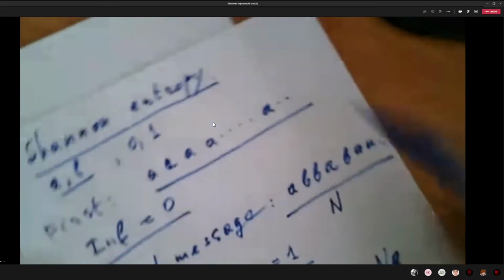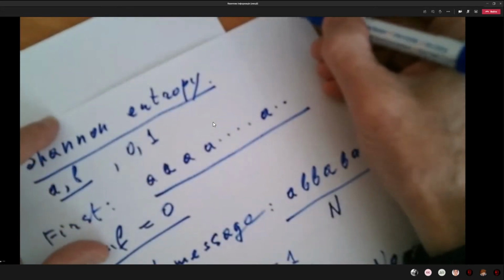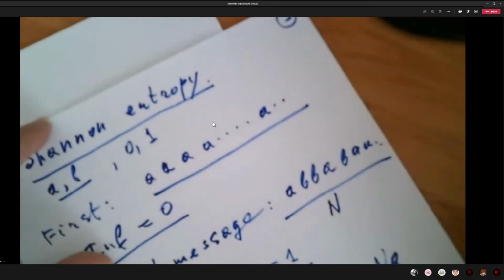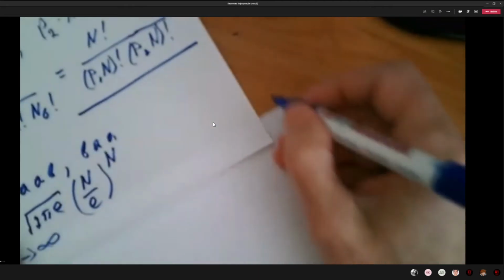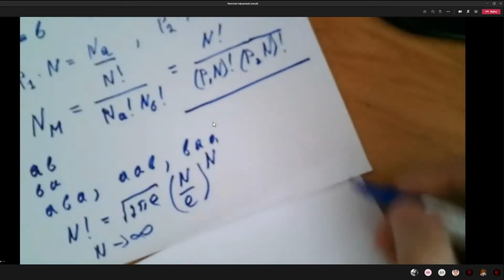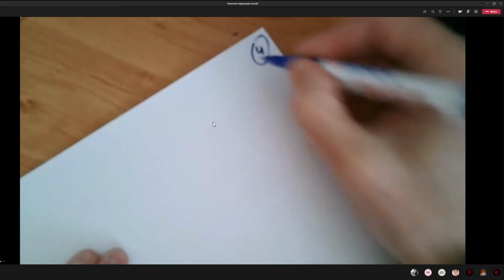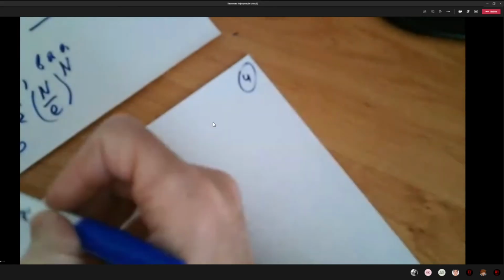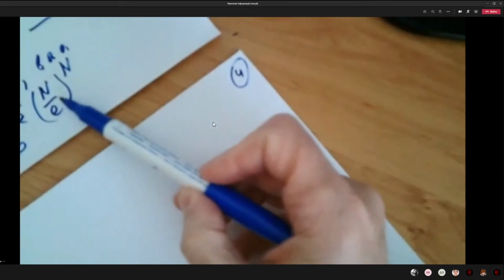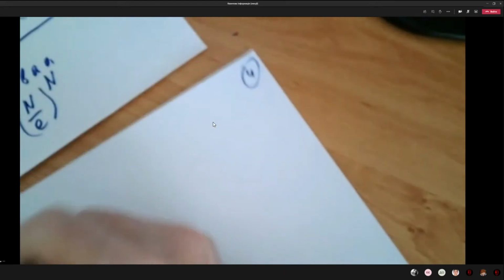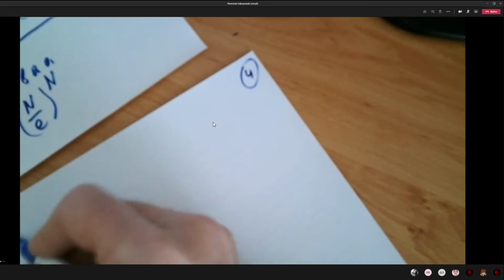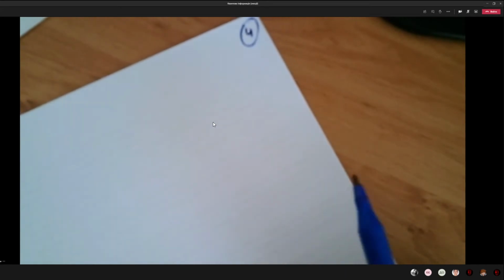So, let us continue this calculation. Now let us put this Stirling approximation instead of the factorial here, and for the number of different messages in this case, we get the following formula.